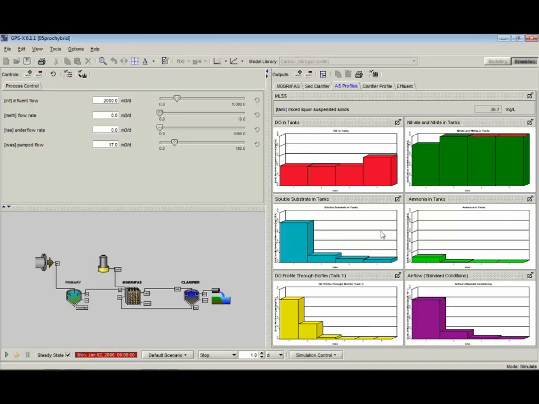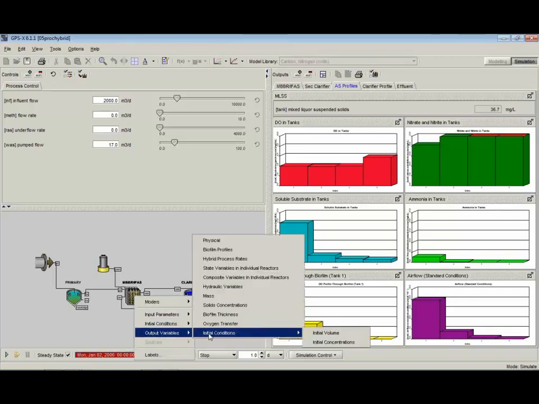What I would point out is these four graphs here, these ones are showing the concentrations in the liquid as you go down the length of this plug flow system. Those are available in the place that you would normally expect to find them, under the output variables menu, state variables in individual reactors. They are the liquid concentrations as it's moving down.